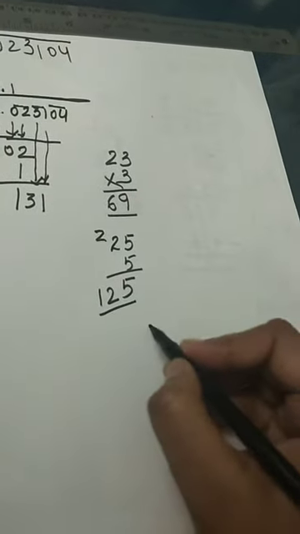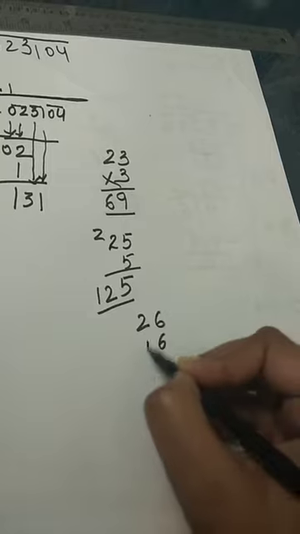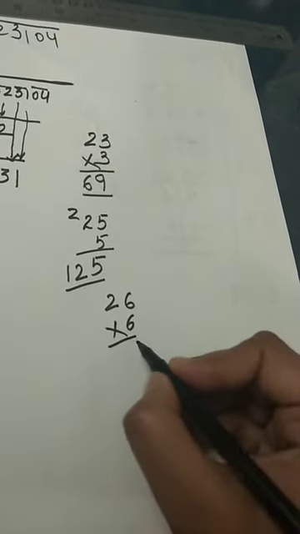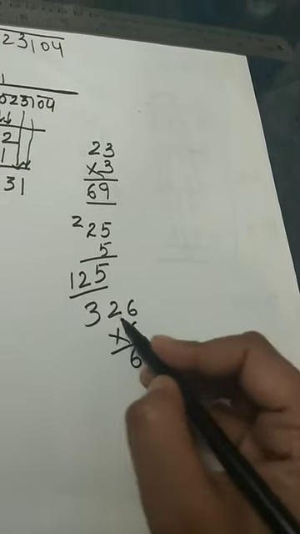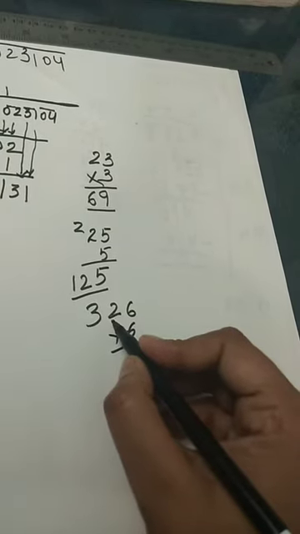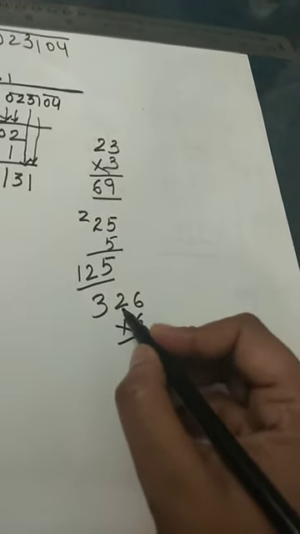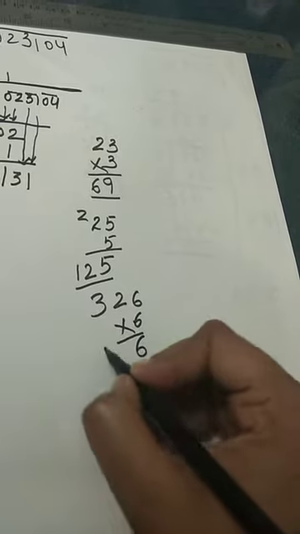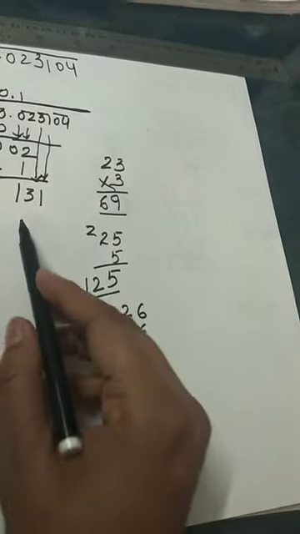Let us check by 6. 6 6s are 36 and 6 2s are 12 and 3 is 15, which is greater than 131.